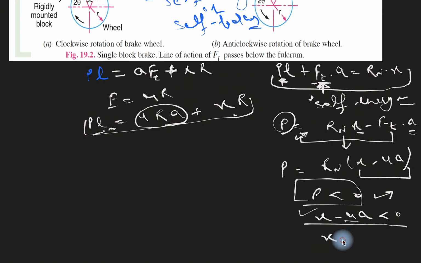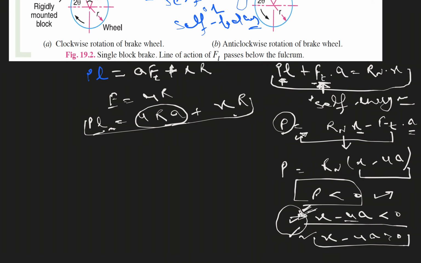Similarly, if X minus mu A is greater than 0, then this will be the case of self-energizing. The brake should never be self-locking, otherwise it will always be in the applied condition and we don't need to apply any external force. So these are the self-energizing and self-locking conditions of the brake.